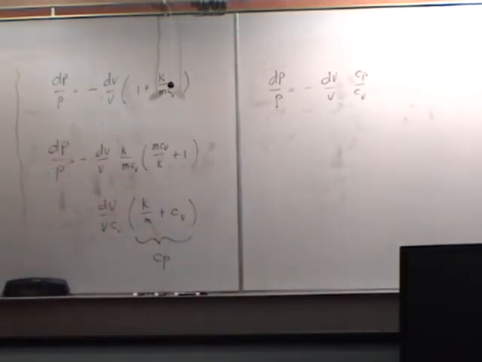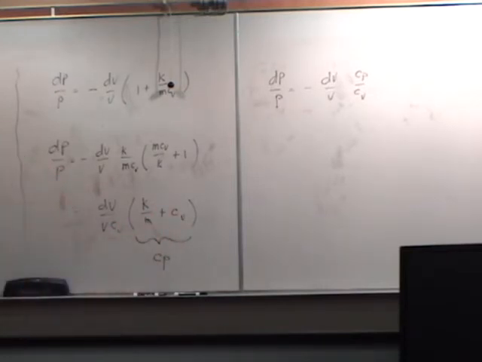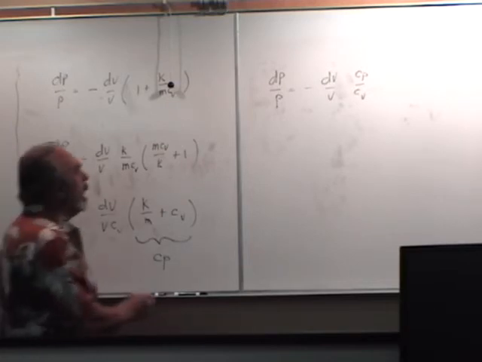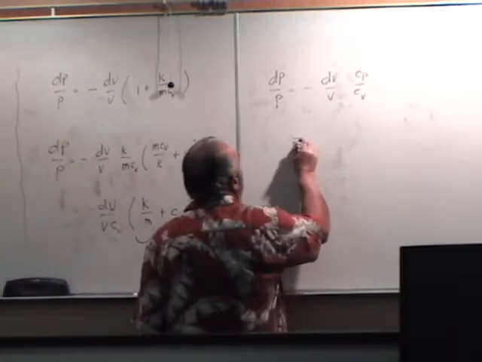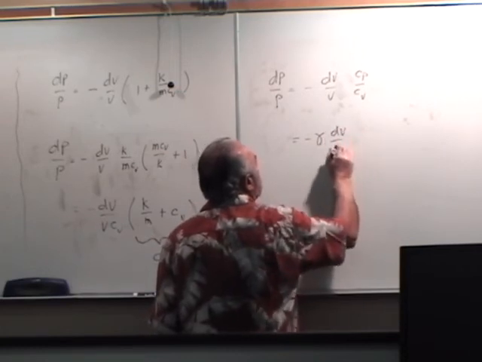So we did a little bit of algebra in a strange way, simply to force this to be c sub p, which we defined earlier as c sub v plus k over m was c sub p. So now, that's nothing more than minus gamma dV over V.